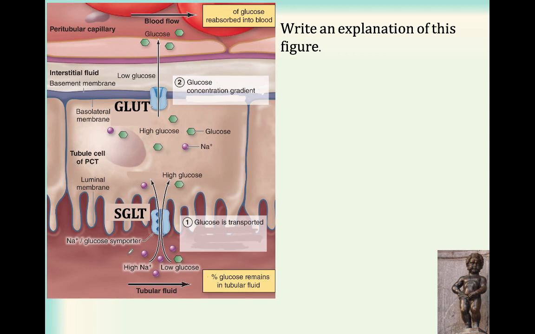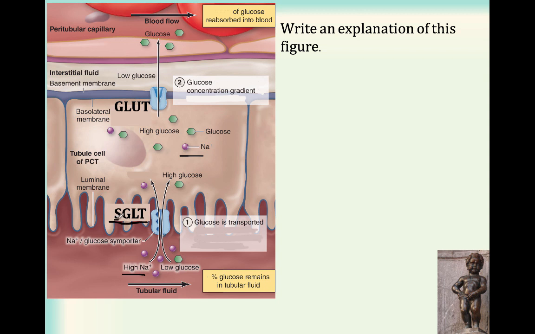As we've looked at before, there's a really high concentration of sodium in the filtrate and a low concentration of sodium inside these epithelial cells. Sodium is going to go down its concentration gradient and move to the inside. As it does that, it can help transport glucose through symport into the inside. We've seen this multiple times now.